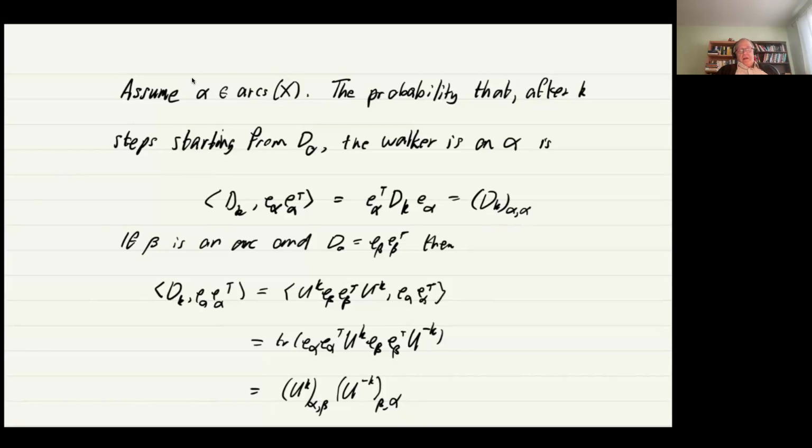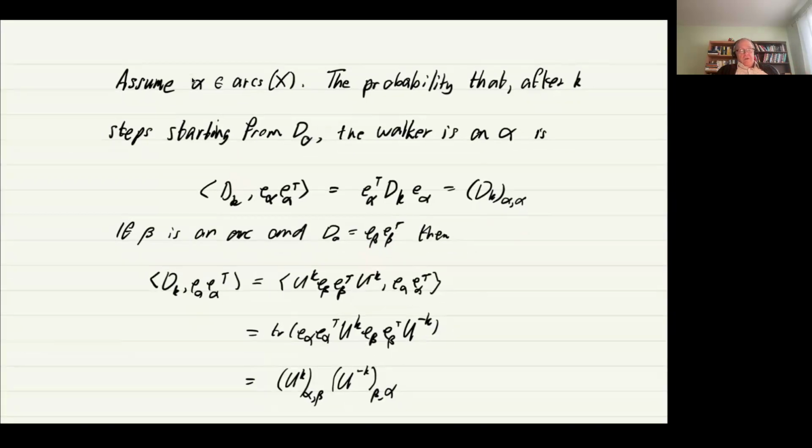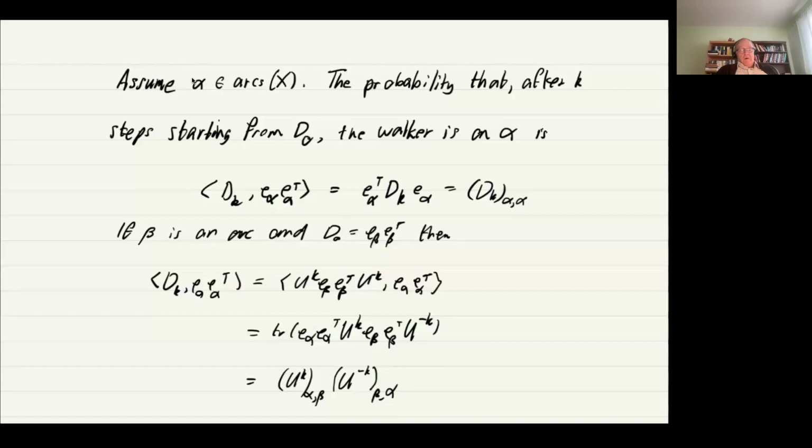If beta is another arc, and we choose D0 to be E_beta E_beta transpose, so I wasn't making any real assumptions about the initial state here, but now I am specifying it. Then you do a calculation, and you discover that the probability that you're on alpha after K steps, given that you started on beta, is given by this.